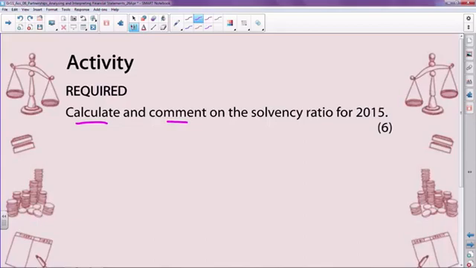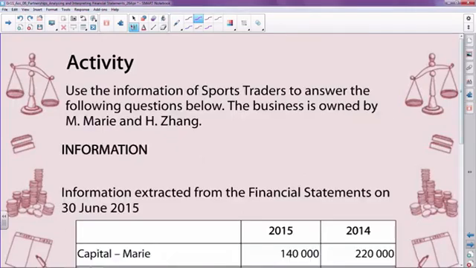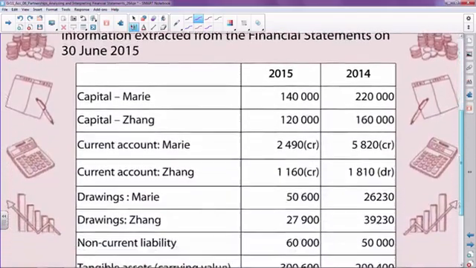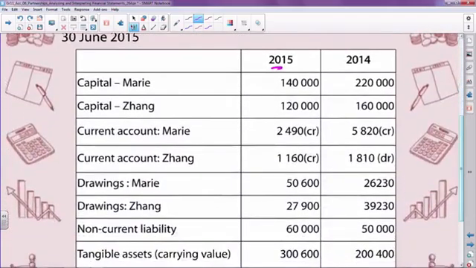In order for me to calculate solvency, I'm looking at total assets and I'm comparing this to total liabilities. Remember, the question only wants you to do the calculation for 2015. So let's go to our information. Okay, and let's start with total assets. Okay, so the balance sheet 2015.